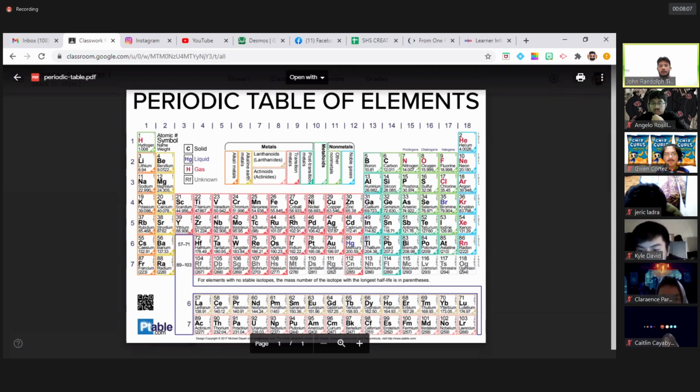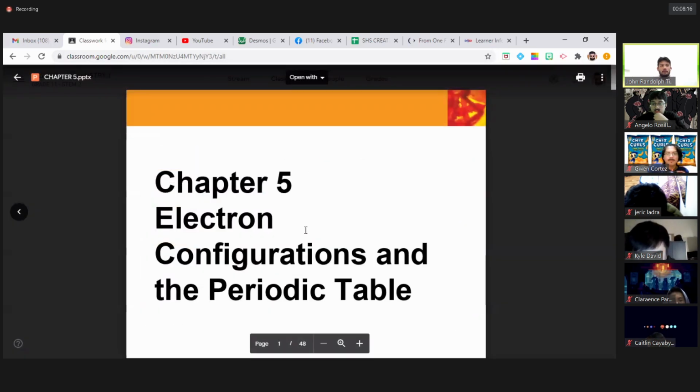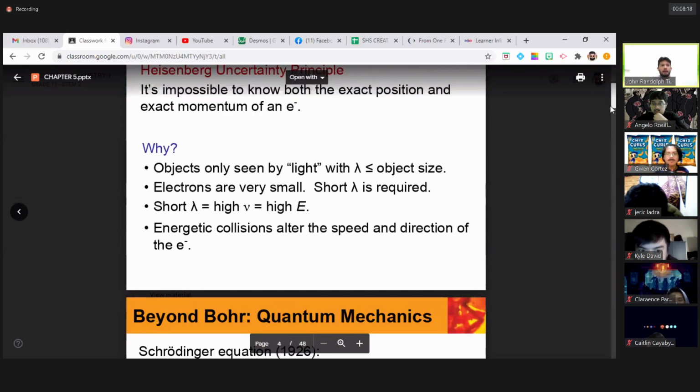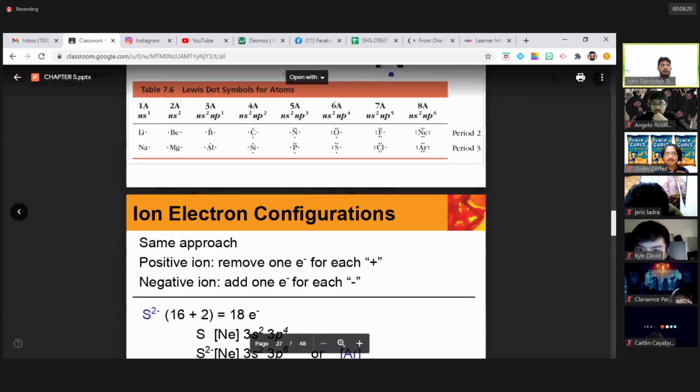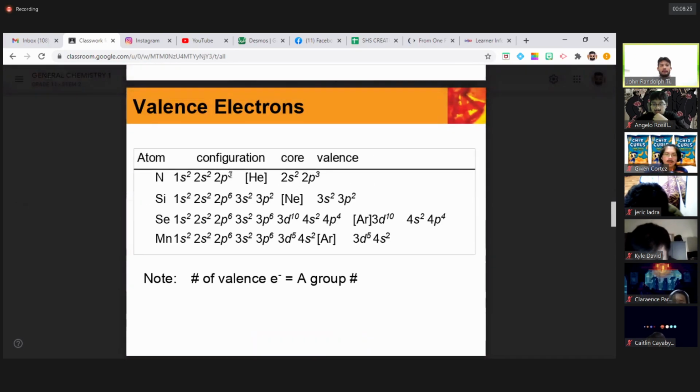Yeah, it's okay, Iman. So nitrogen is 7. So your electronic configuration of nitrogen is 1s2, 2s2, and then you need 2p3 to make it 7.